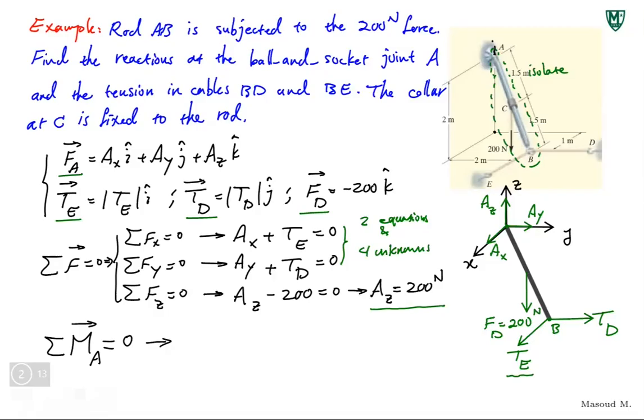Let's go with, all right, what we need to do is that we have to find the components or moments that each force in this free body diagram creates about point A. So what do I need to find that? I have the forces, or at least representation of forces in Cartesian coordinates. I have to find the vector connecting the point that I'm finding the moment about to some point on the line of action of each force to find the moment of that force about that point.